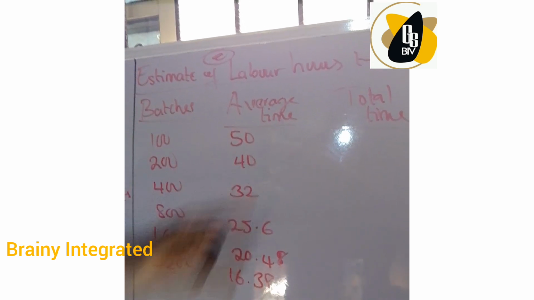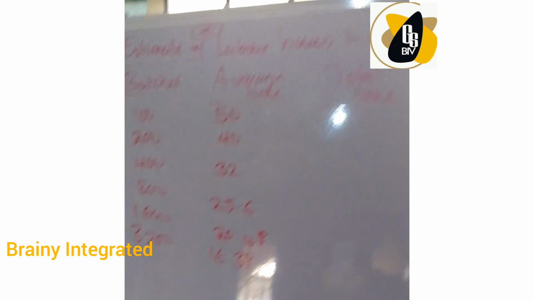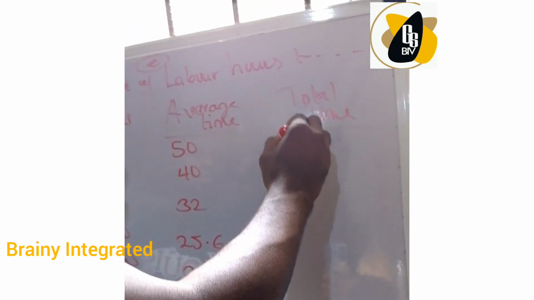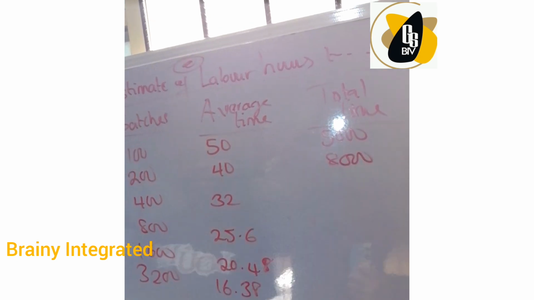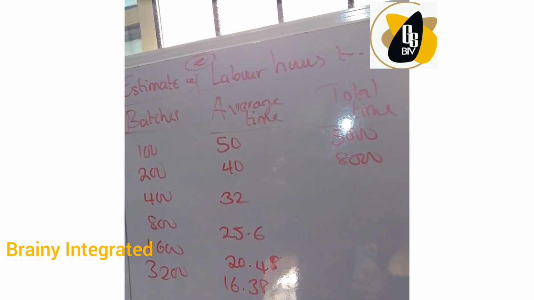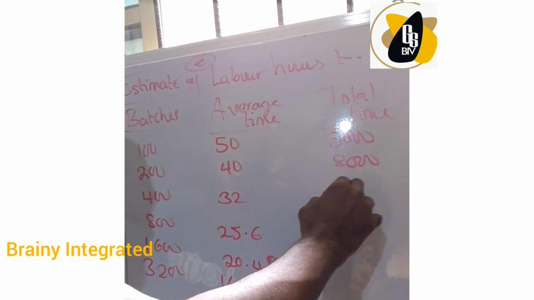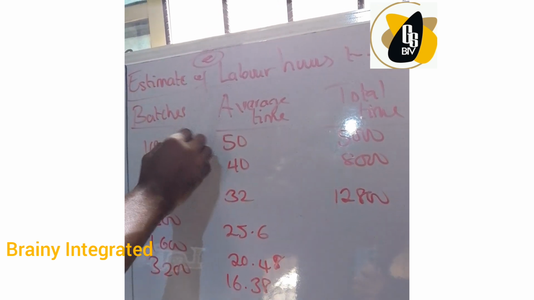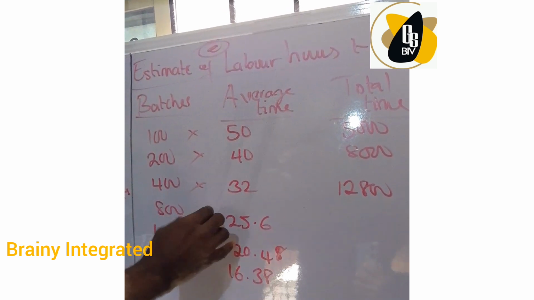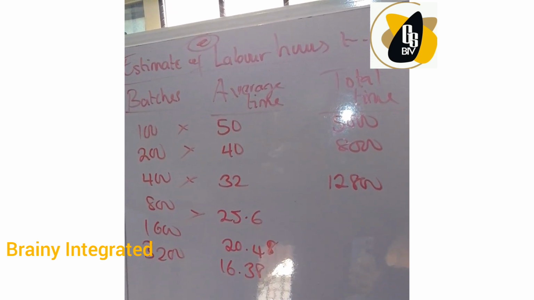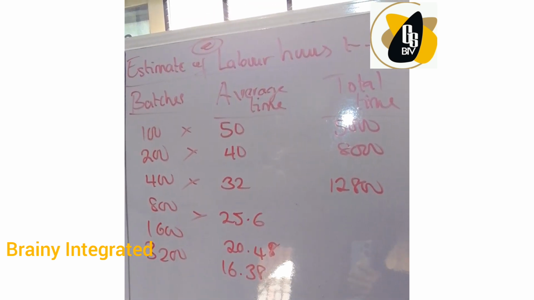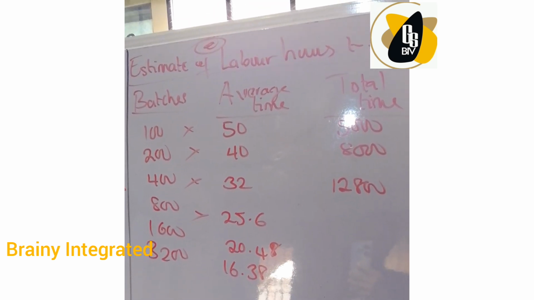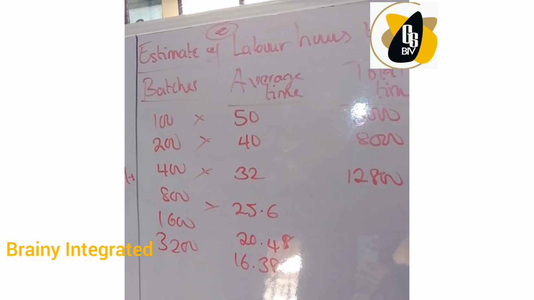Once we have done this, the next line of action is to multiply the batches with the average time. Okay? So if we multiply, this will give us 5,000. This will give us 8,000. Right? This will give us 12,800. Look at what I'm multiplying. So 1,600 times 20.48, what do we have?